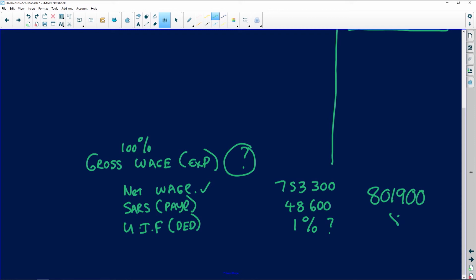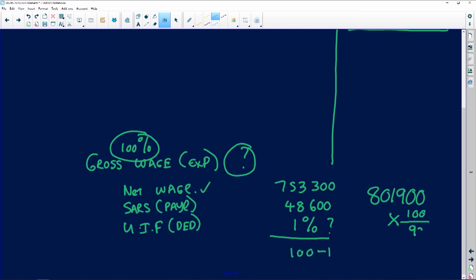Now, remember, I want the gross wage. So as a percentage, I want 100 divided by what I have. So remember, this also added up should be 100, but the 1% is missing. So in other words, I have 100 minus 1.